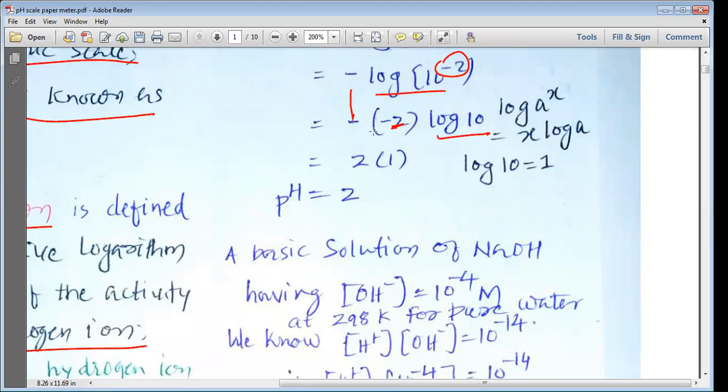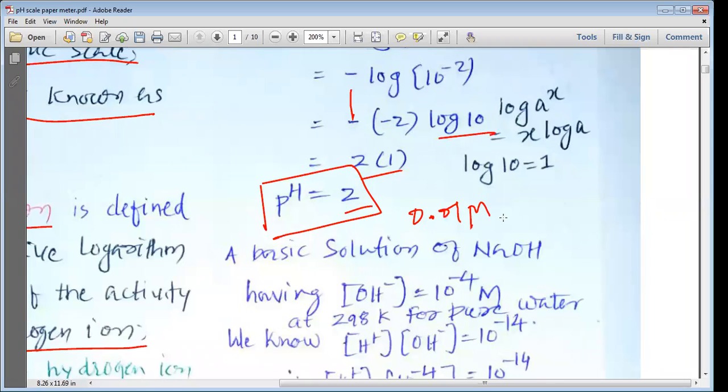So this simply gives us minus into minus 2 log 10. This minus and minus turns to be plus, and then we have 2 into 1, that is 2. So if we have 0.01 molar HCl, then its pH is 2. Same way, if we have 0.001 molar HCl, we can write it as 1 into 10 to the power minus 3, and its pH would be 3, my dear students.